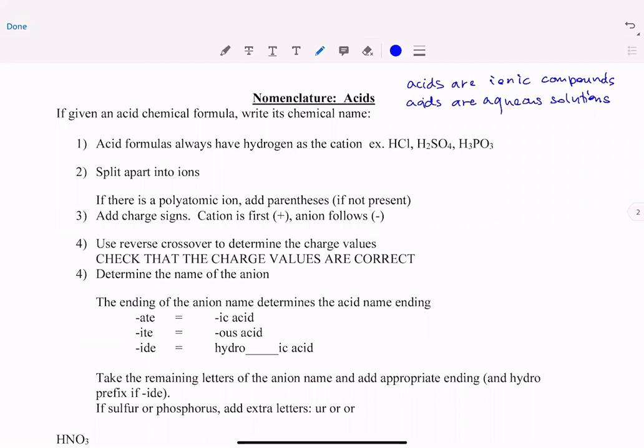So when you have the ionic compound, those ions are broken apart to different degrees. Strong acids are completely dissolved and all ions. Weak acids are not completely dissolved, and instead you actually do have the whole compound, but it's still dissolved in the water. And the same is true about weak bases and strong bases.